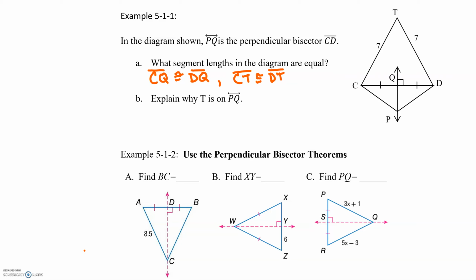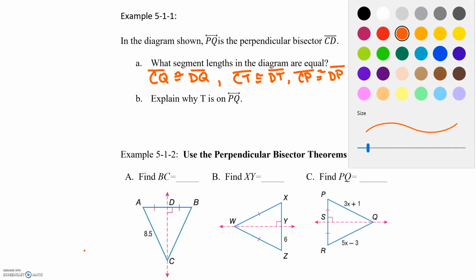All right, and then we also have that CP is going to be congruent to DP because of this triangle here. If those are congruent, and this is a perpendicular bisector, they meet here at P, then this one is going to be congruent to this one. So CP is congruent to DP. All right, so explain why T is on PQ.